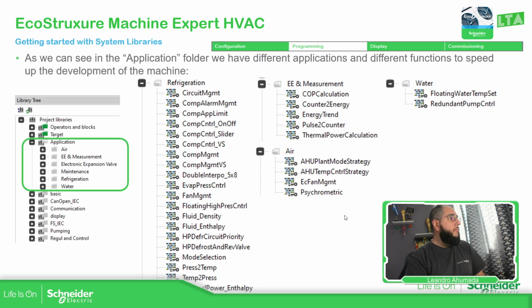So if we take a look inside these HVAC function blocks, you can see here that we have refrigeration, energy measurement, air, and water, and we have all these parts here. This one I won't explain because I will create a different training for that, or that's the idea.